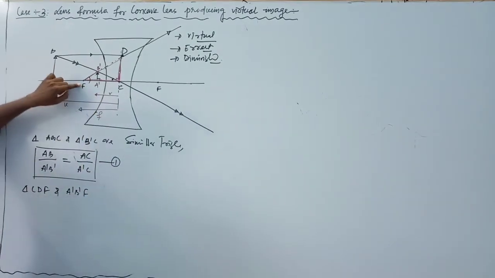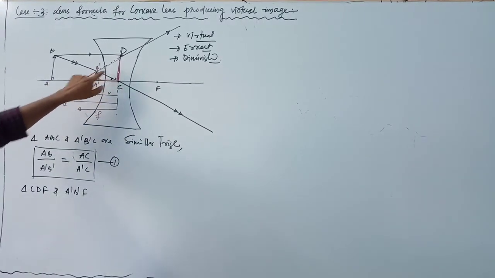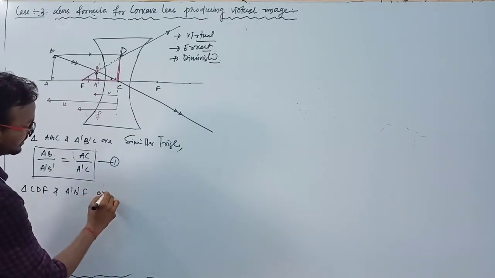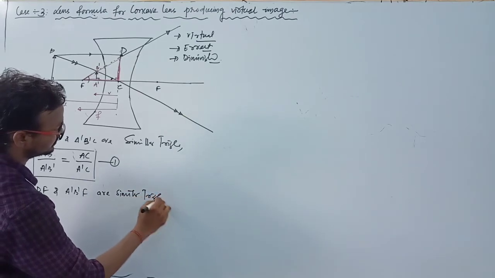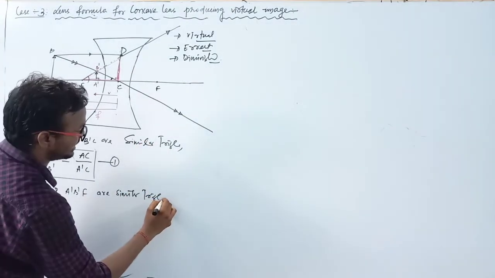This angle is common to both triangles, and this angle is 90 and this angle is 90 degrees. So these two triangles are similar triangles. Clear?